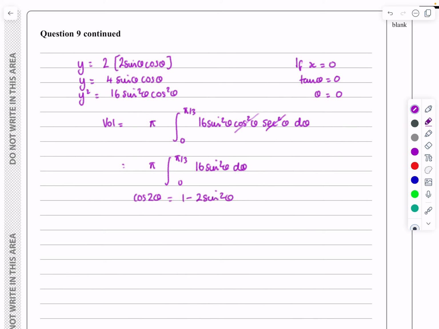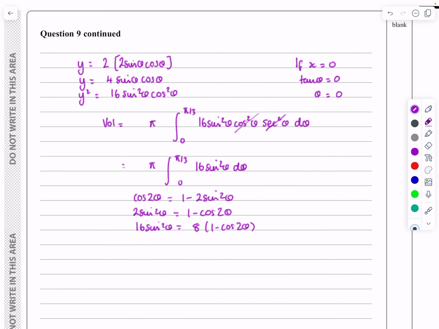Now if I rearrange that, I'm going to get that 2 sine squared theta is 1 minus cos 2 theta. And so 16 sine squared theta is just 8 lots of that. 16 sine squared theta then is 8 lots of 1 minus cos 2 theta.